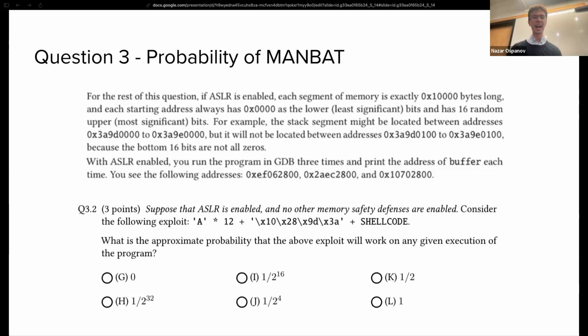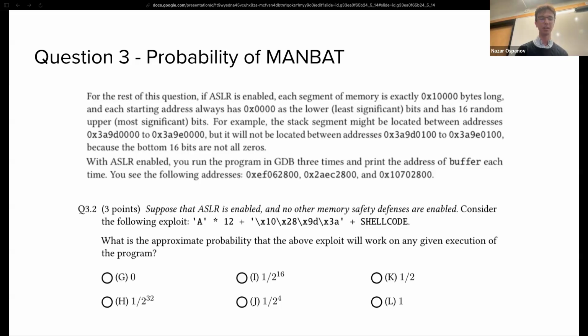For example, the stack segment might be located between addresses like 0x389D0000 to 3A9E0000. But it will not be located between addresses like 3A9D0100, because they must exactly end in 4 zeros. The bottom 16 bits must always be 0.